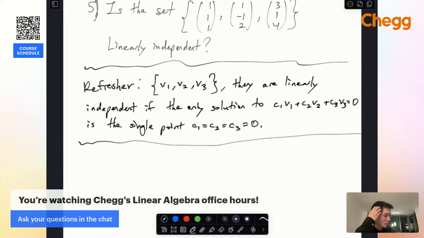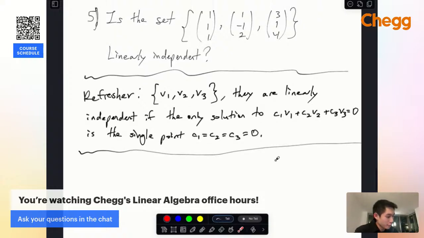Okay, so how do we do this problem? Well, I want to do this in a way that will tie it to the questions that I've done above.